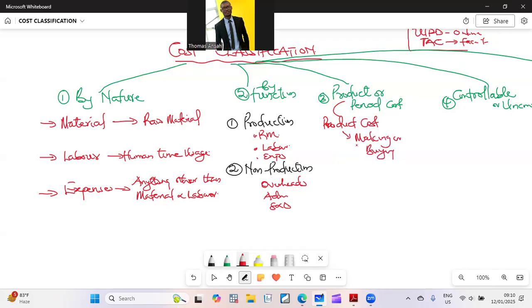So it's either you are making it yourself or you are buying the item. All right, if you fall in that category, it is called product cost. And a typical example of those costs are the three things we mentioned here: the material, the labor, and the expenses. These are product costs.